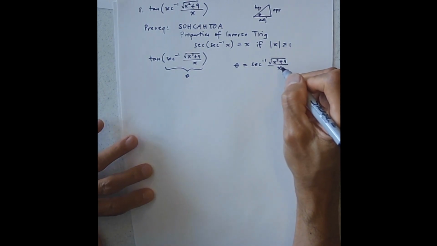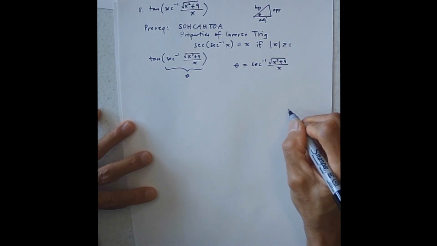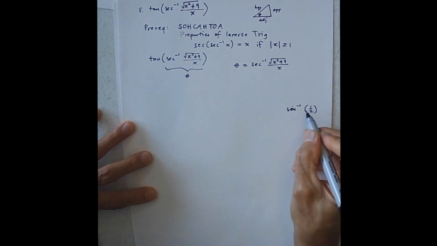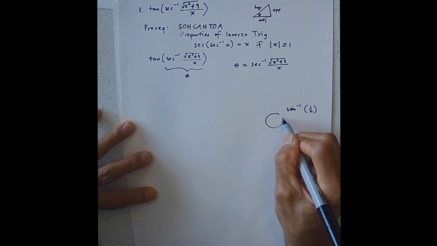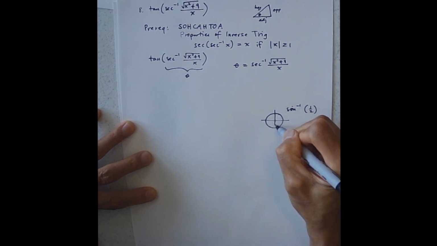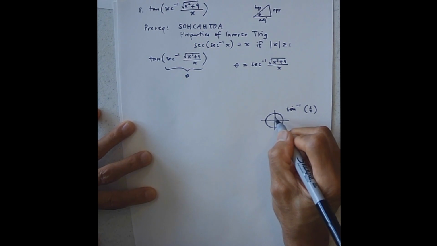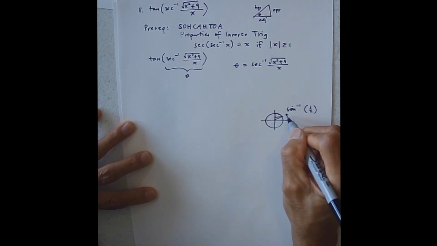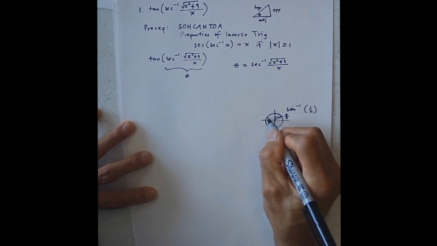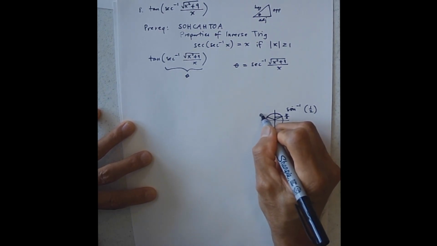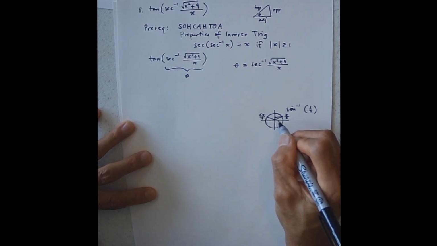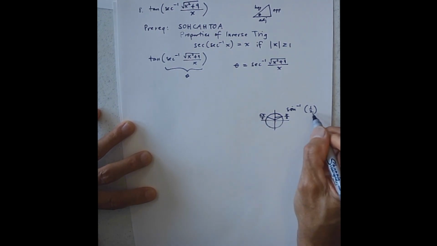To illustrate this more clearly, if we say, what is arcsine of 1/2? Well, we know that this refers to an angle whose sine is 1/2. And that angle is pi over 6 or 5 pi over 6, because the sine of pi over 6 and the sine of 5 pi over 6 is 1/2.